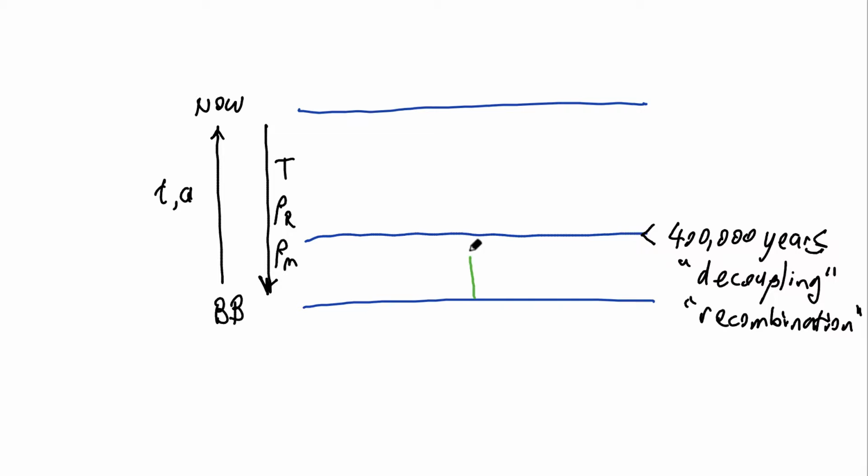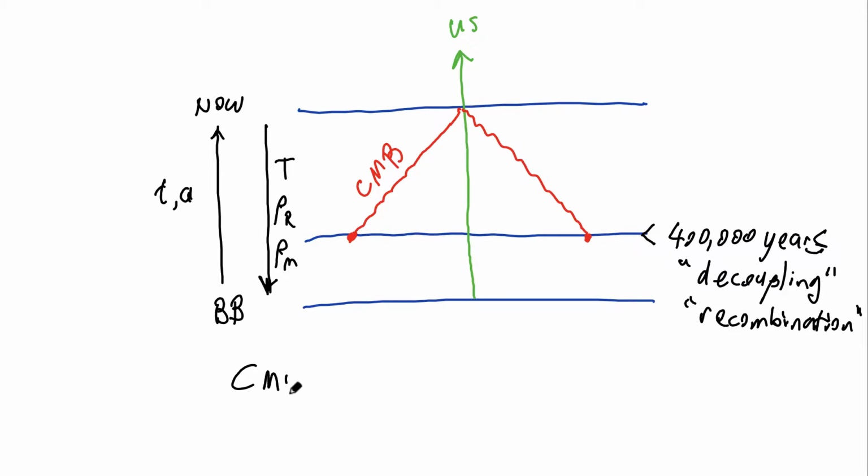So here's our world line, and the photons we see today came from these events at the time of decoupling. So this radiation constitutes the cosmic microwave background. So CMB is shorthand for cosmic microwave background.